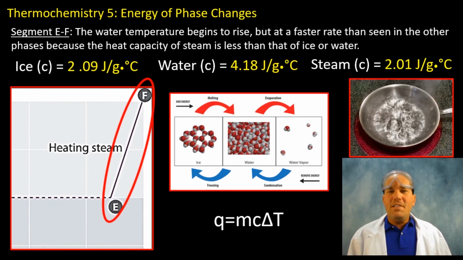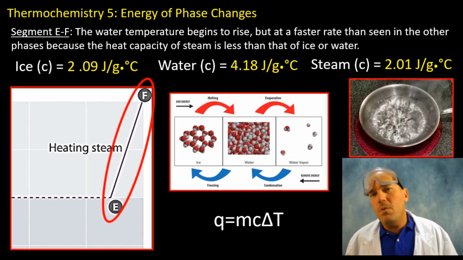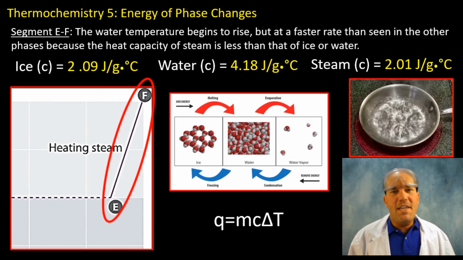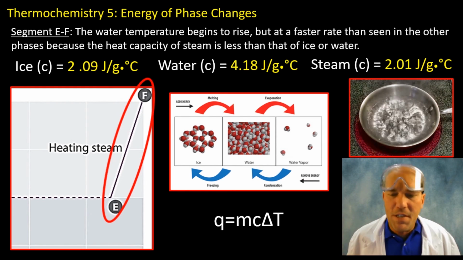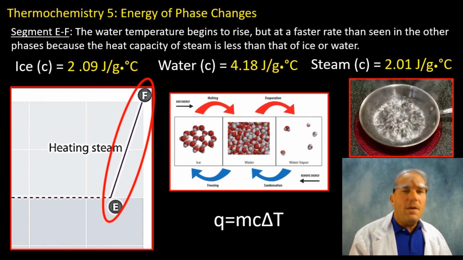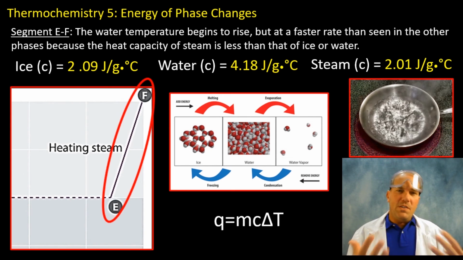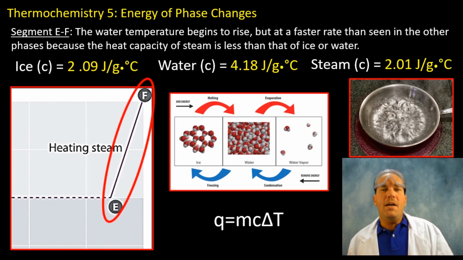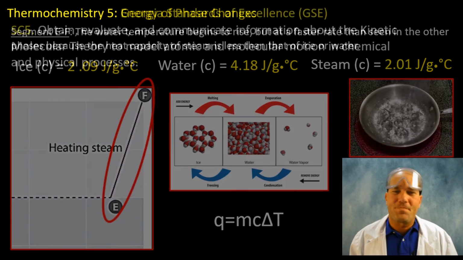During this segment, as for the other heating segments, we're using Q equals m c delta T, given the mass of the substance, the specific heat capacity of the steam, and the change in temperature. In the flat segments, we were using the enthalpy of fusion and the enthalpy of vaporization, where there was no change in the overall temperature. So heat up, break it up, heat up, break it up, and now heat up.